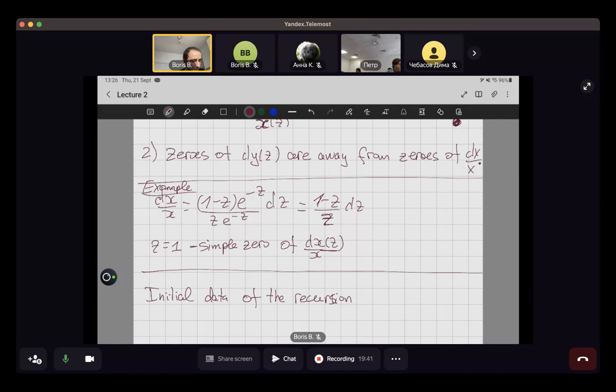So you should take the residue at the zeros of dx over x, say w equal to pi, and these pi's are zeros of dx over x.